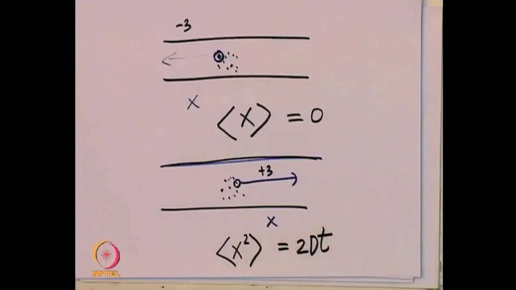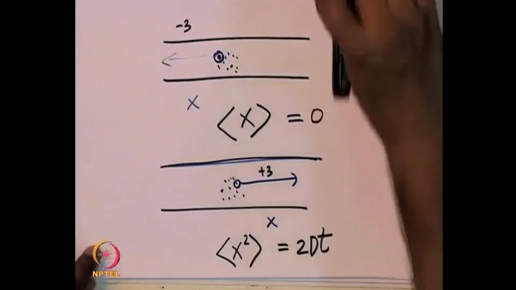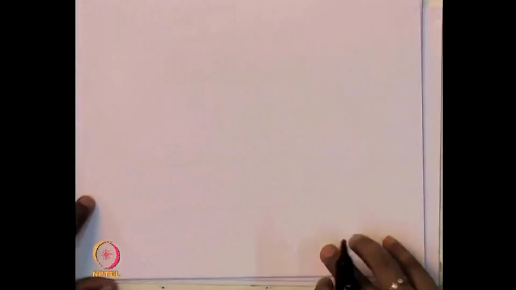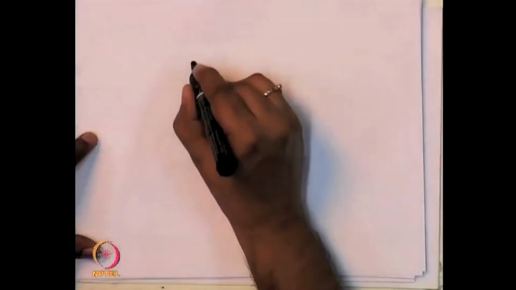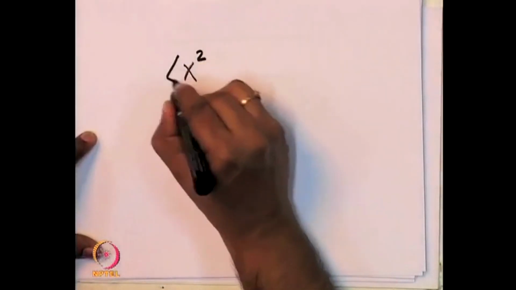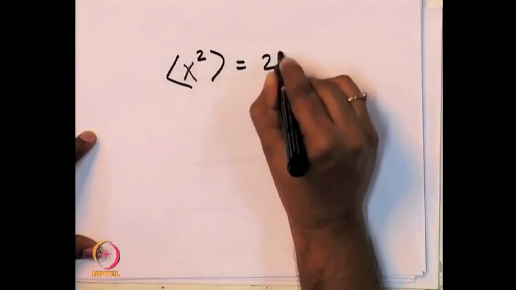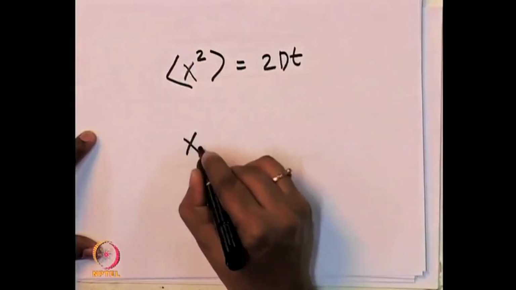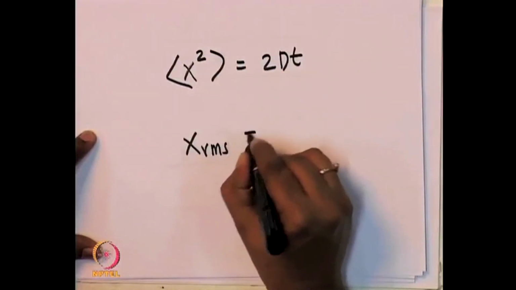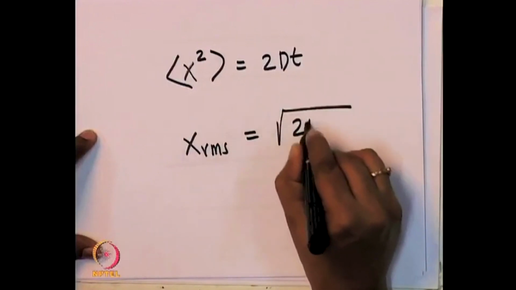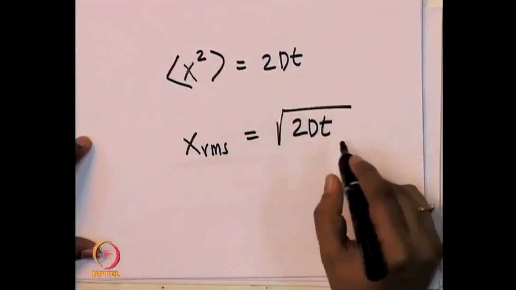Physically useful quantity is x square average, in other words the RMS distance. So the important formula as far as diffusion motion is concerned is x square average is 2 dt, or x RMS is equal to root of 2 dt. This is the important formula.